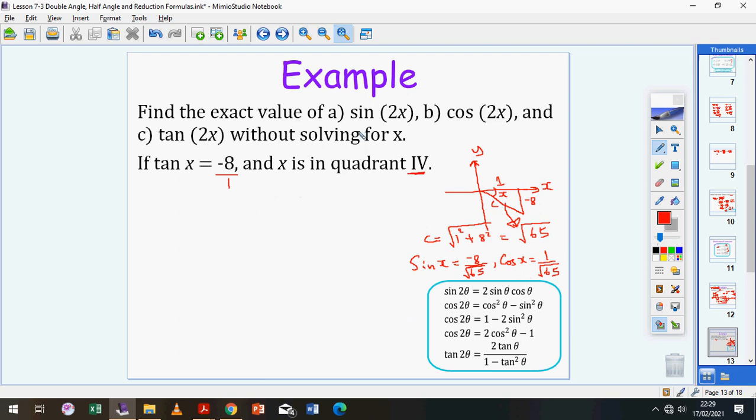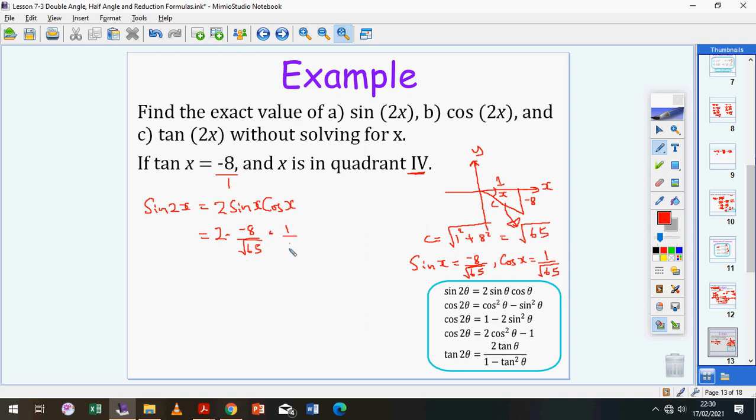I know the double angle formula for sine 2x is 2 sine x cosine x. So I'm just going to substitute for sine and cosine. 2 times sine of x, negative 8 divided by the square root of 65, and cosine of x, positive 1 divided by the square root of 65.